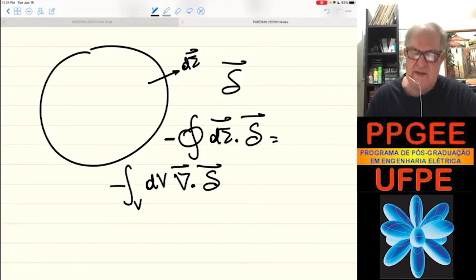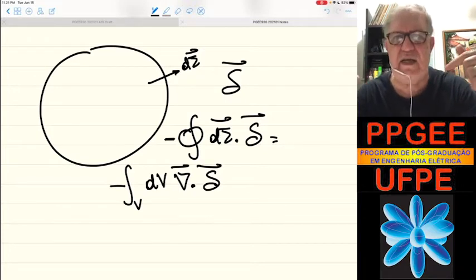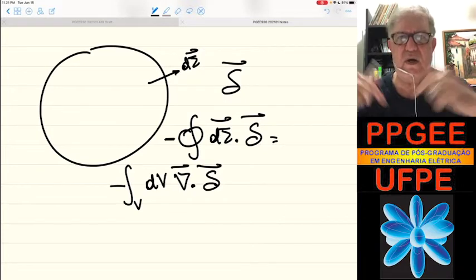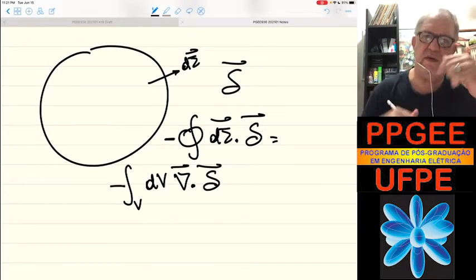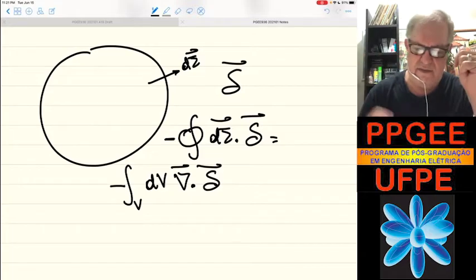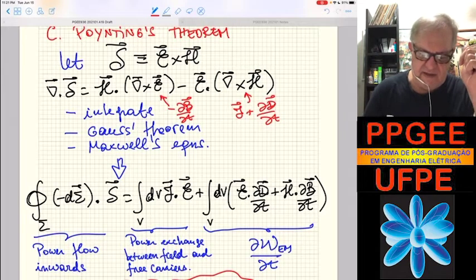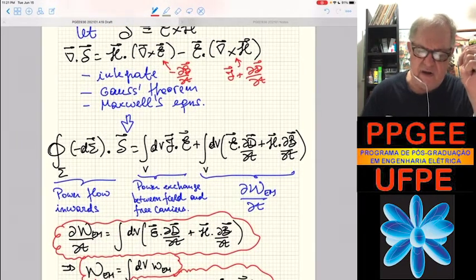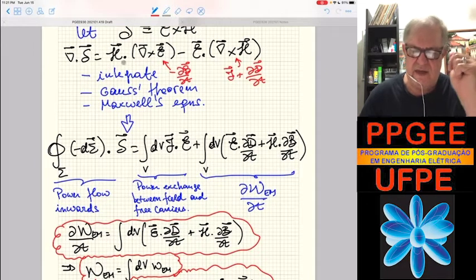So it's going to be minus. So what's the flux of J into a closed volume, inwards? It's going to give us a physical meaning quantity. I'm calculating minus the volume integral. Okay?